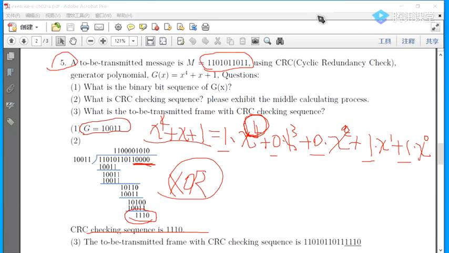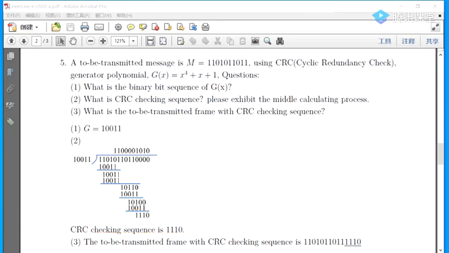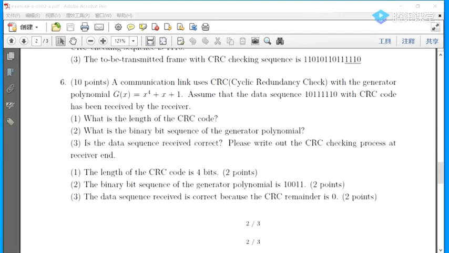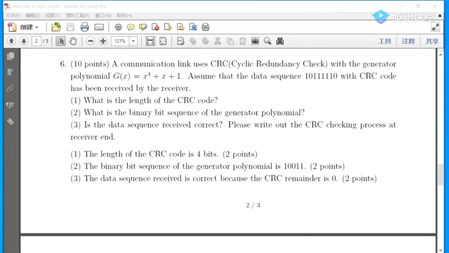Question 5. Then look at question 6. Question 6.